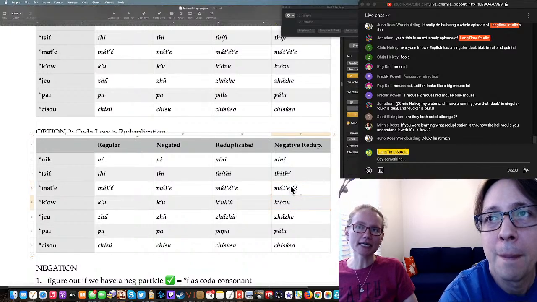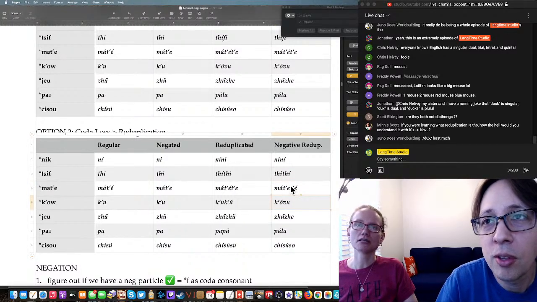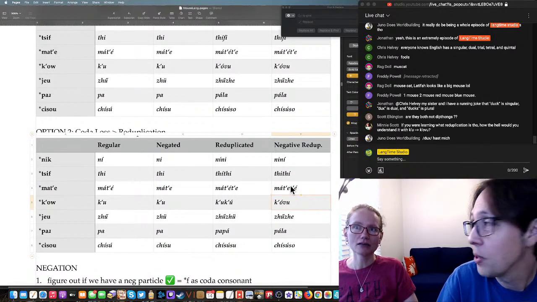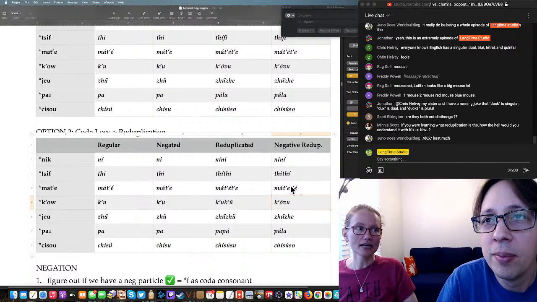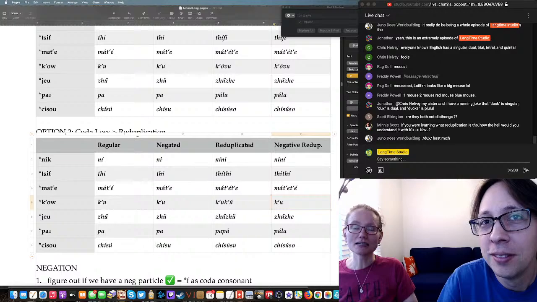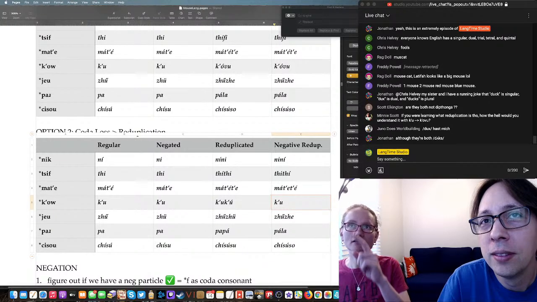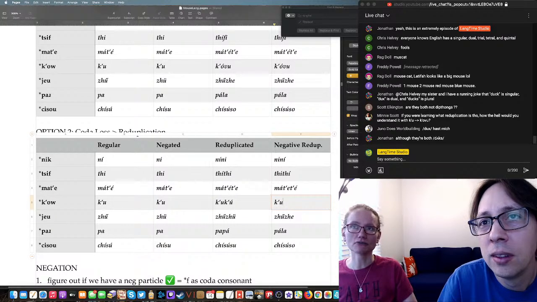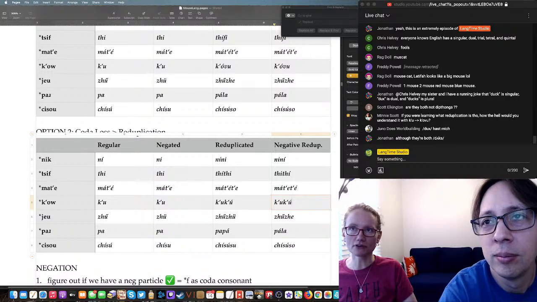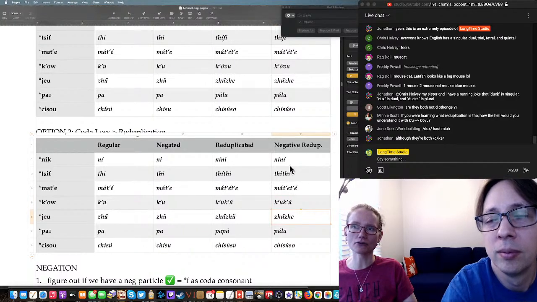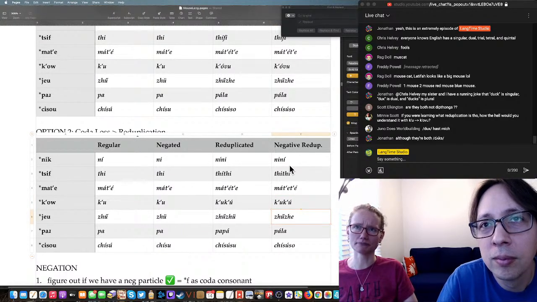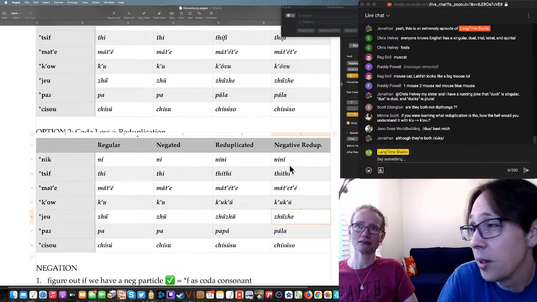Yeah, so there would be a small class of irregulars. Is that something you want to avoid? I understand having the differences in reduplication for the frequent verbs, but there's no way all those different forms are going to be remembered through history. There aren't going to be a lot of verbs.